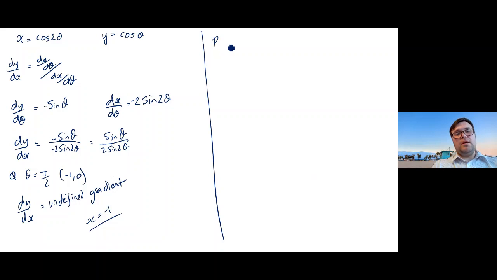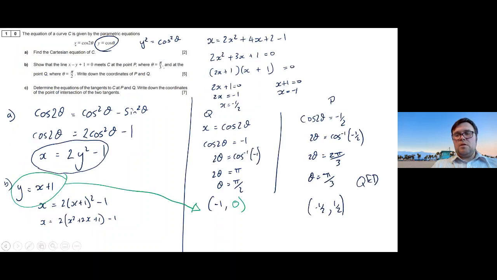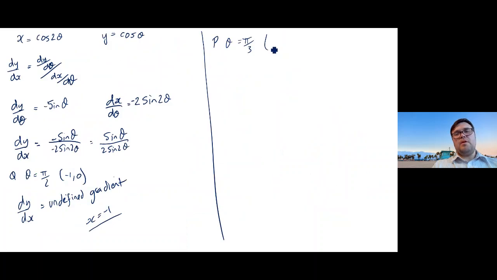For point P, which is theta equals pi by 3, and I believe it is minus a half, a half, we would work out the gradient, so dy by dx equals sine pi by 3 over 2 sine 2 pi by 3. And that actually, put in the calculator, gives a half.